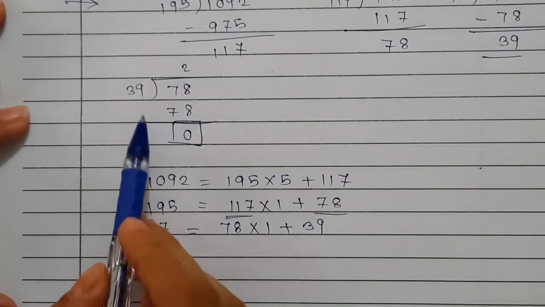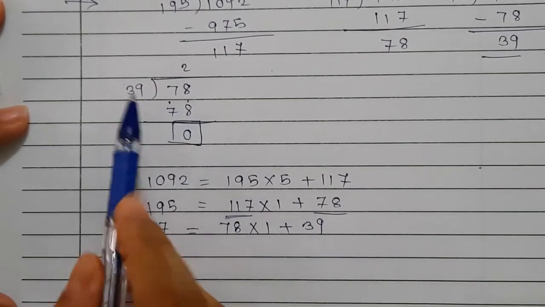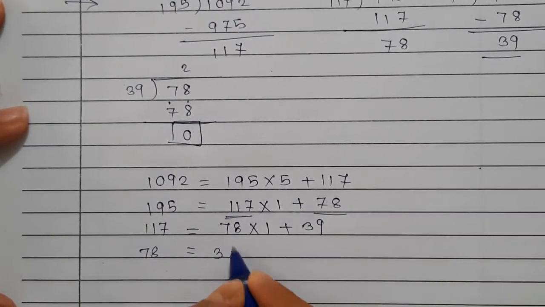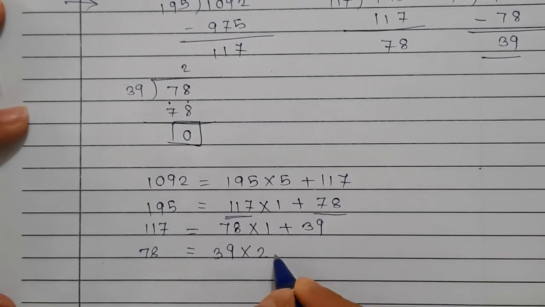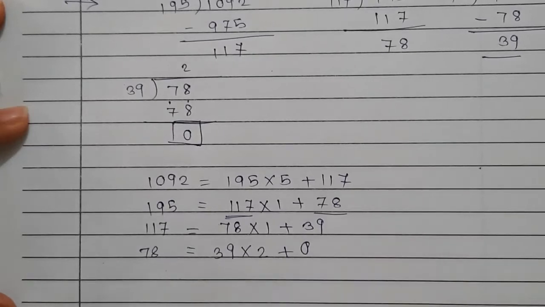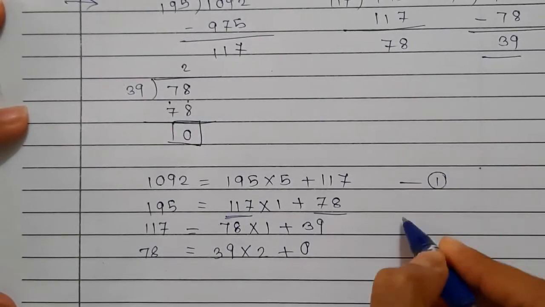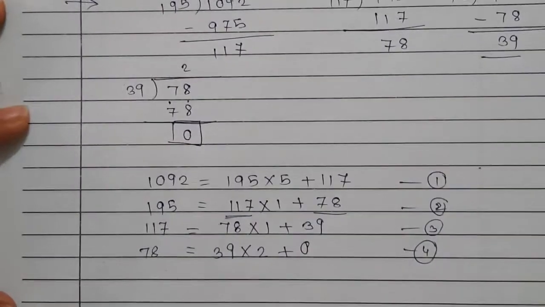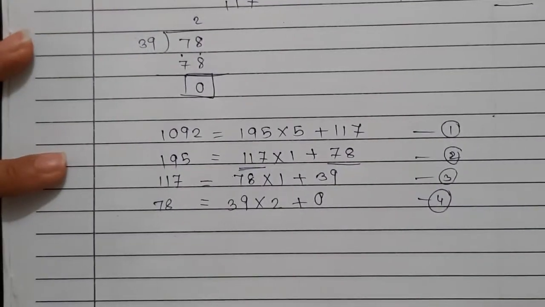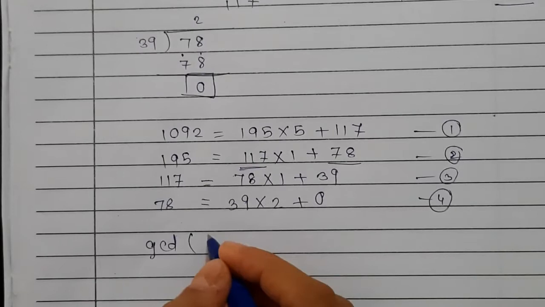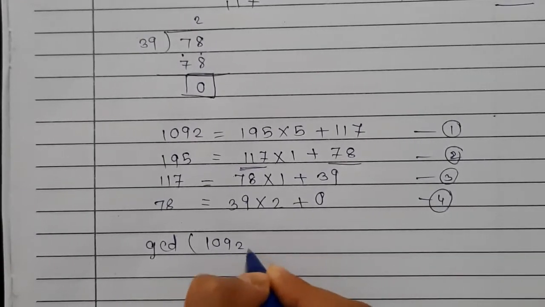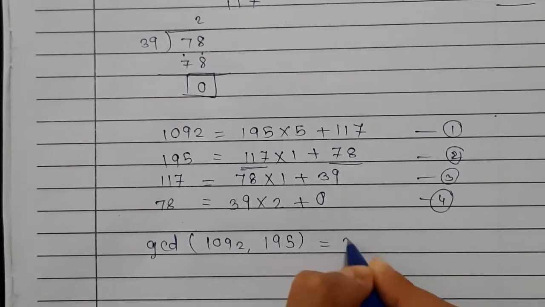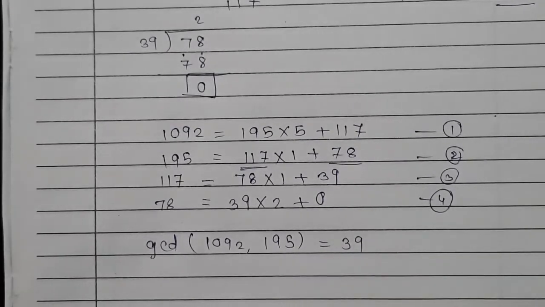And last, 78 is equal to 39 into 2 plus 0. These are equations 1, 2, 3 and 4. So the GCD of 1092 and 195 is equal to 39.